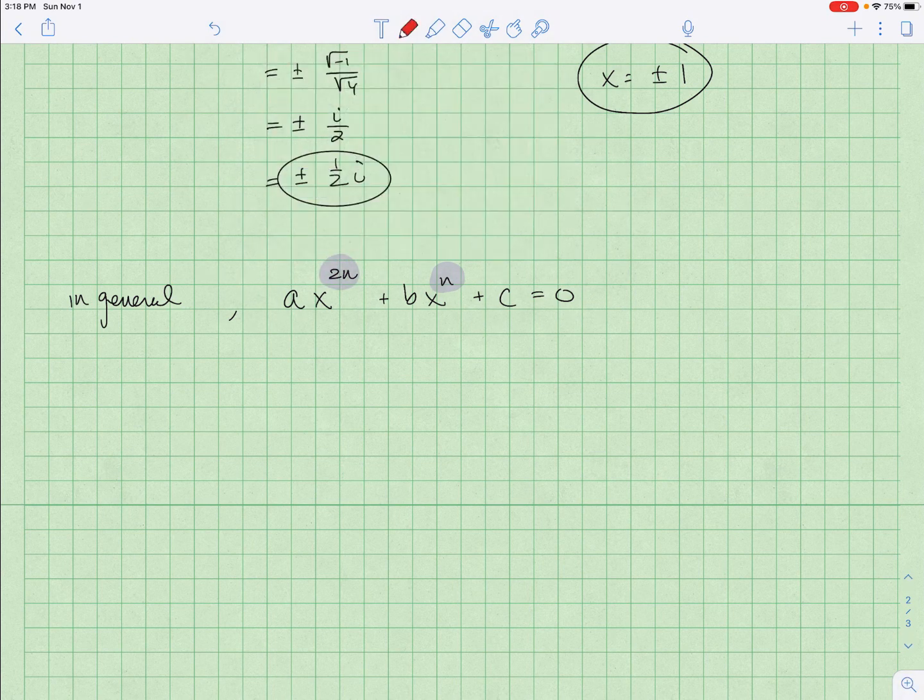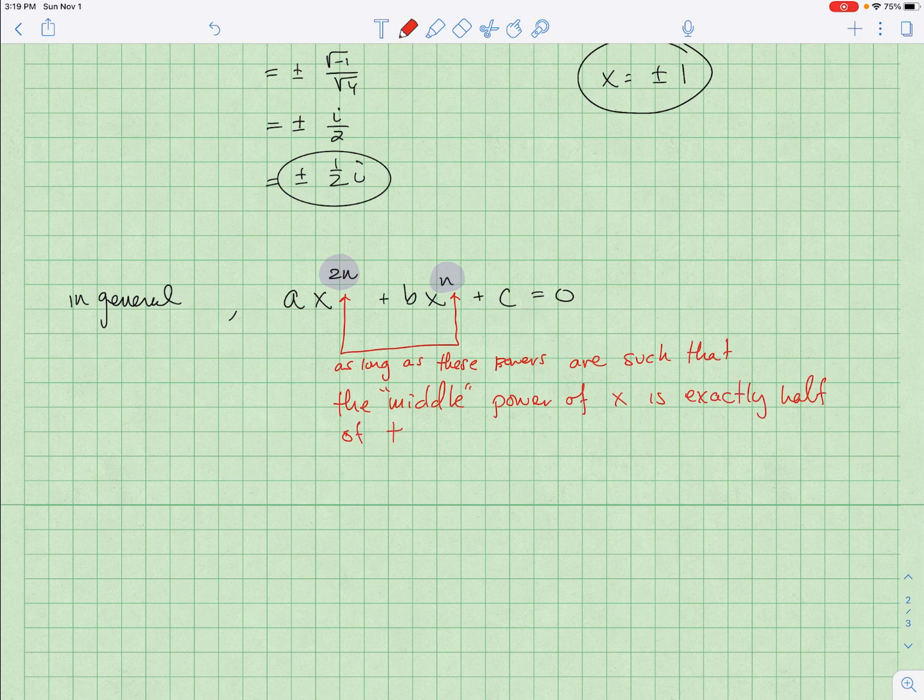So as long as these powers are such that the middle, quote unquote, middle power of x is exactly half of the leading power of x, we can use this technique.